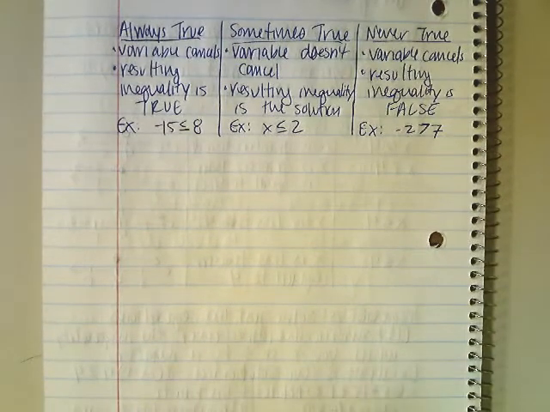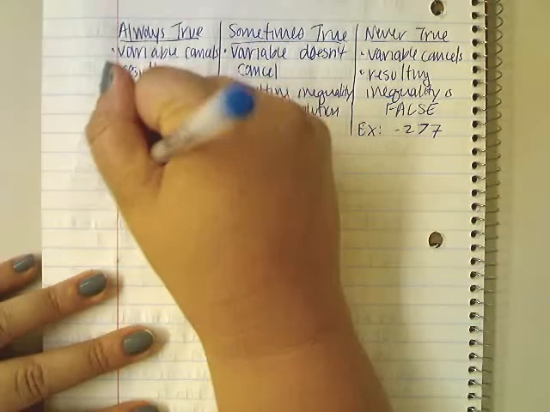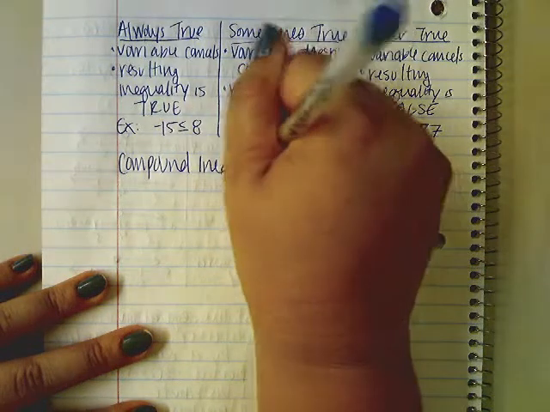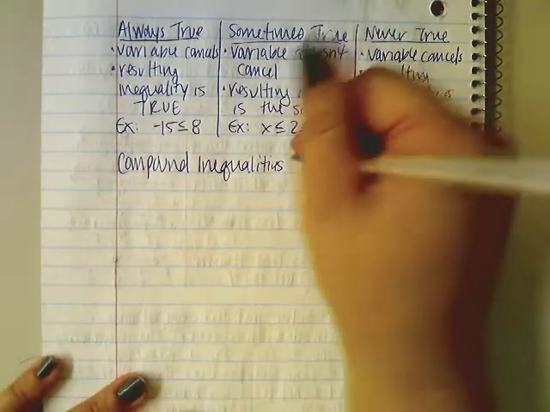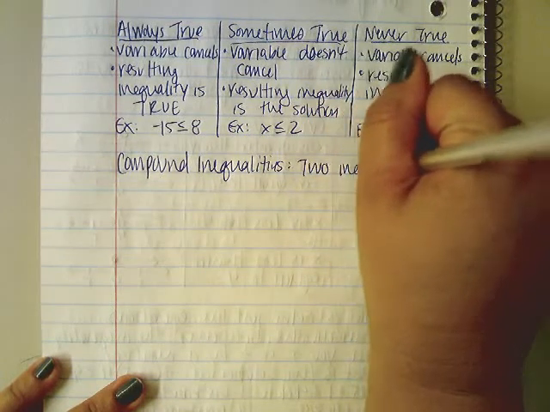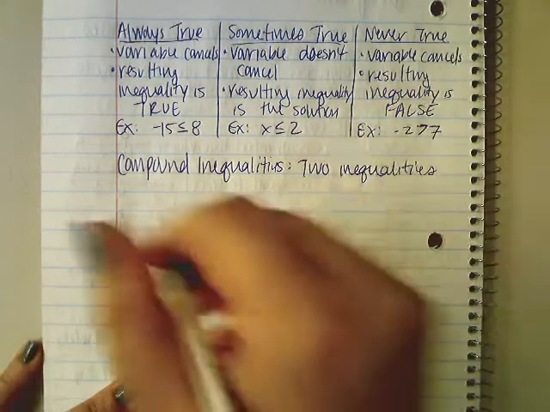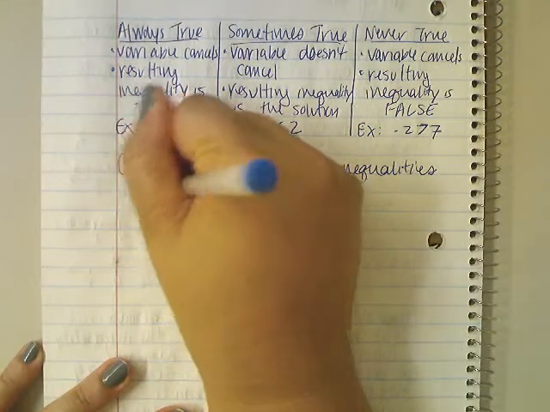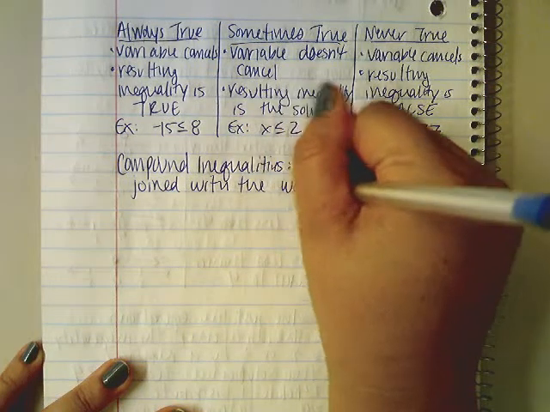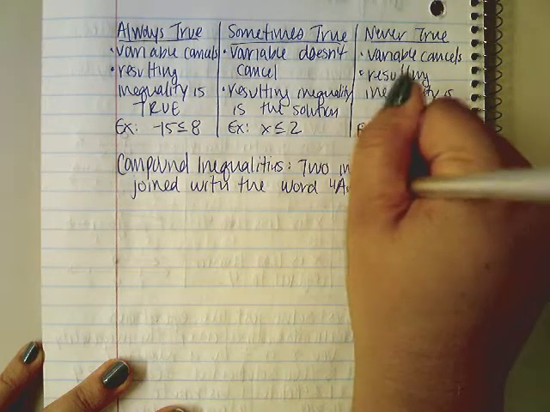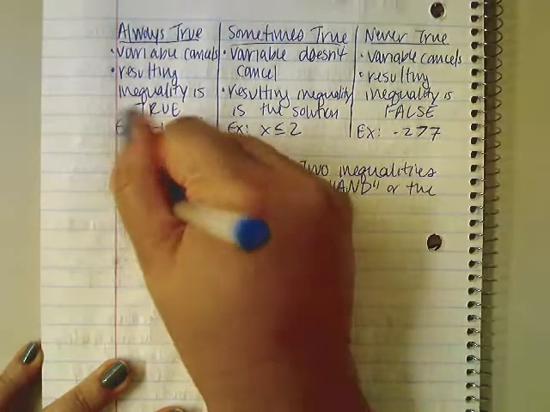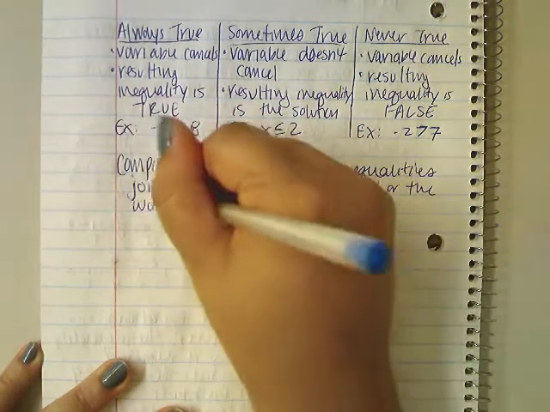All right, now we're getting into the good stuff. So compound inequalities is what we're going to talk about next. Compound inequalities, one of our important vocab terms for today, are two inequalities joined with the word and, so we have and inequalities, or the word or.